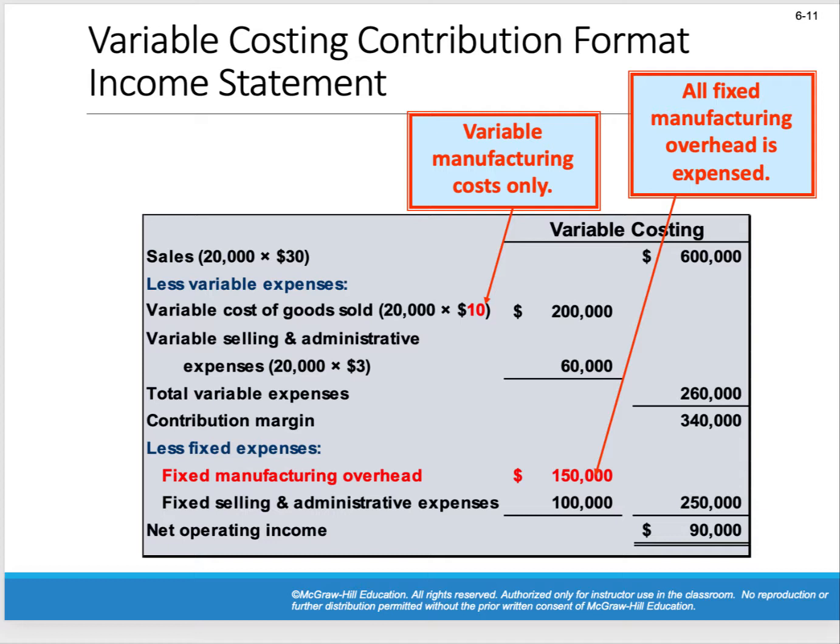Third thing they're pointing out to us is that all fixed manufacturing overhead cost is expensed, meaning it's expensed when it's incurred. It doesn't show up on the balance sheet. It doesn't become part of the product cost. Because we're doing variable, it's fixed. It gets expensed when incurred.